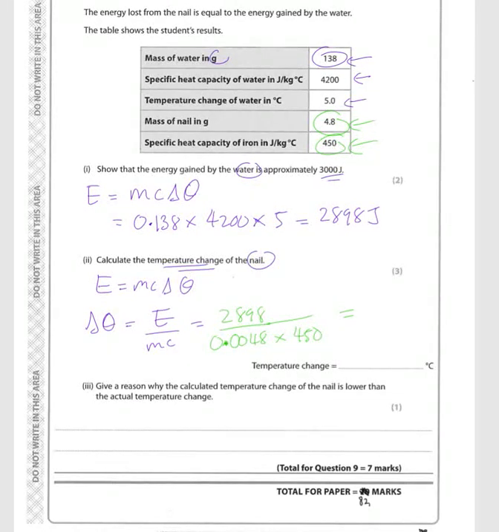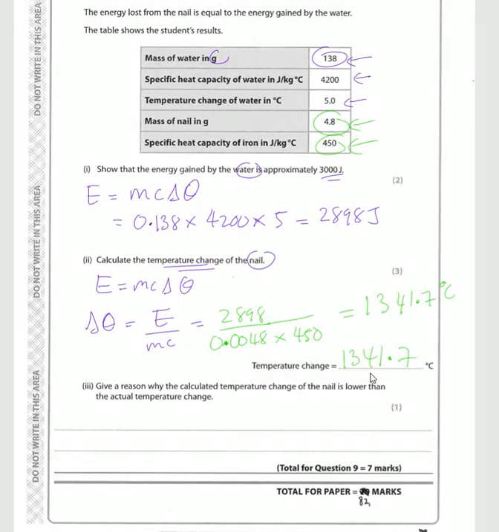So 289 divided by the mass and specific heat capacity. This will give me 13.7 degrees. Yes, indeed. The temperature change is very, very big. Look how big the temperature change is. It's massive, over 1,000 degrees change.